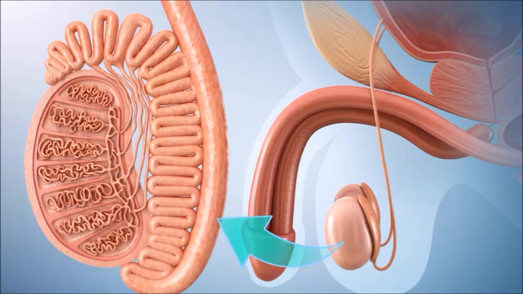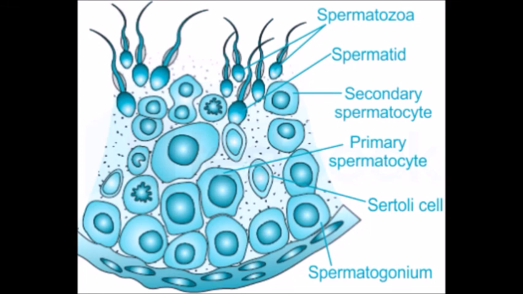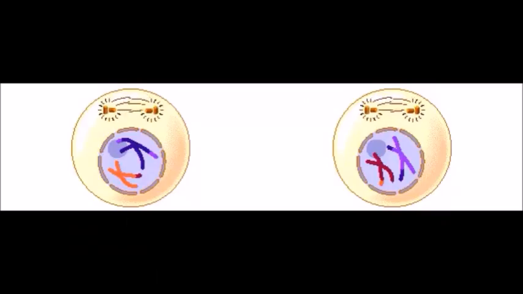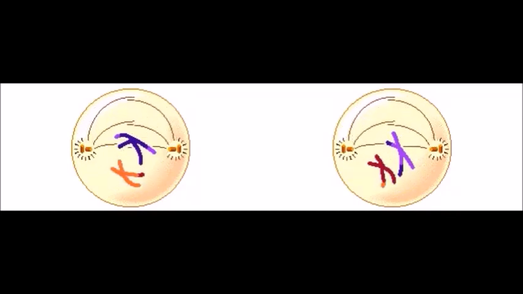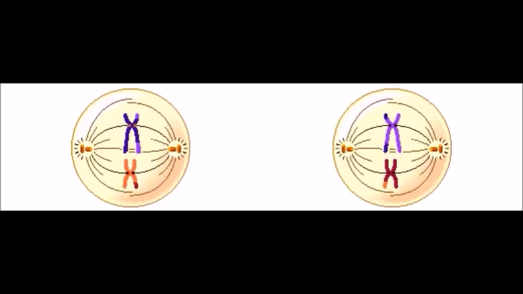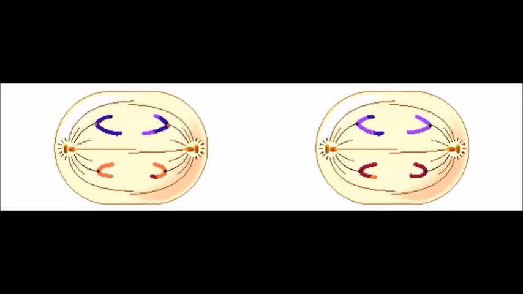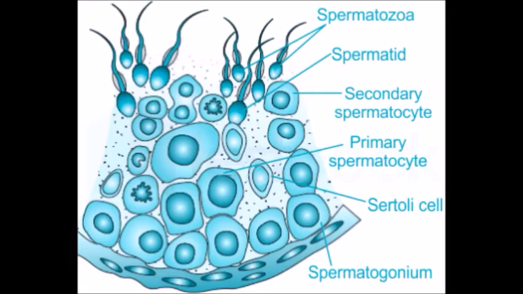Each seminiferous tubule is lined on its inside by two types of cells called male germ cells, which we call spermatogonia, and Sertoli cells. The male germ cells undergo meiotic divisions, finally leading to the sperm formation, while the Sertoli cells provide nutrition to the germ cells.